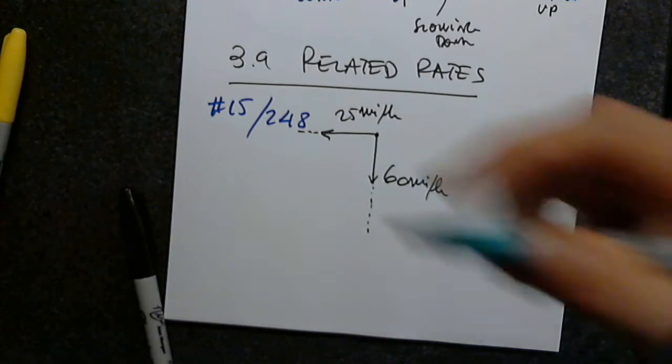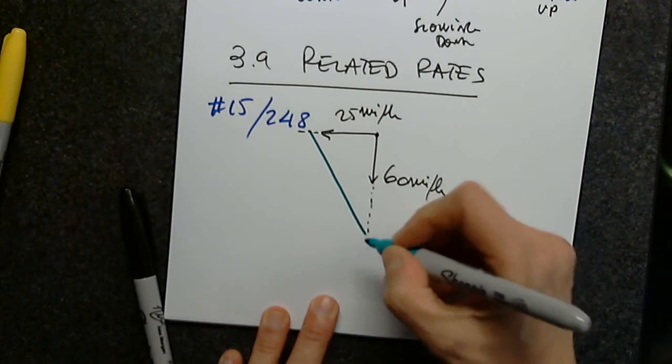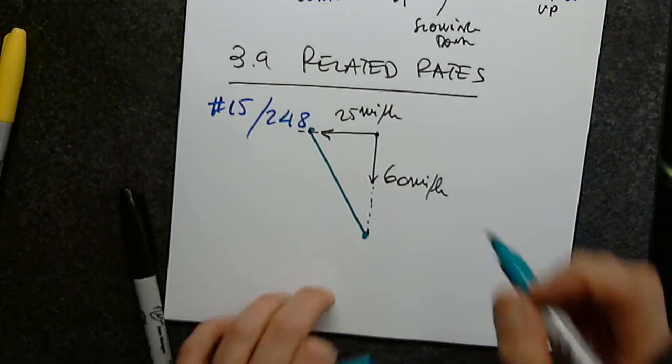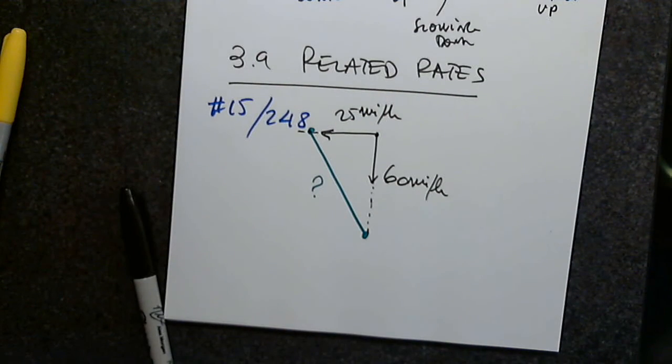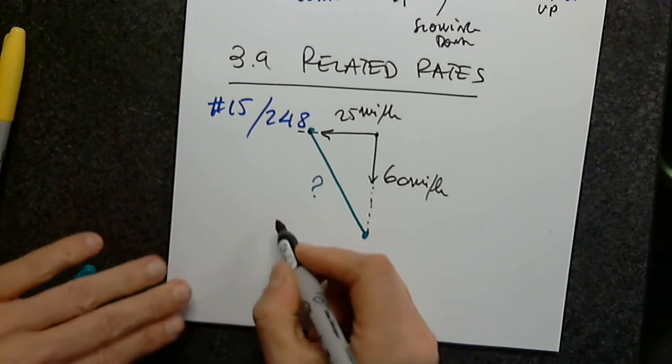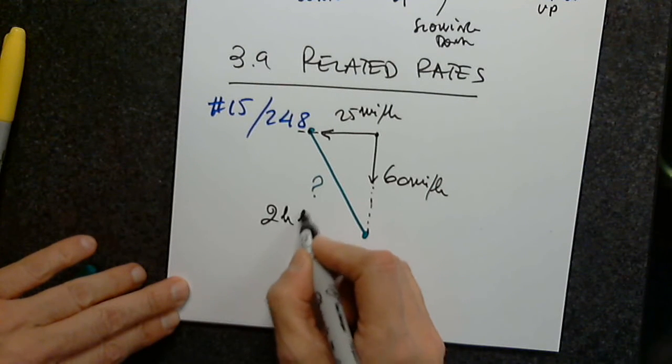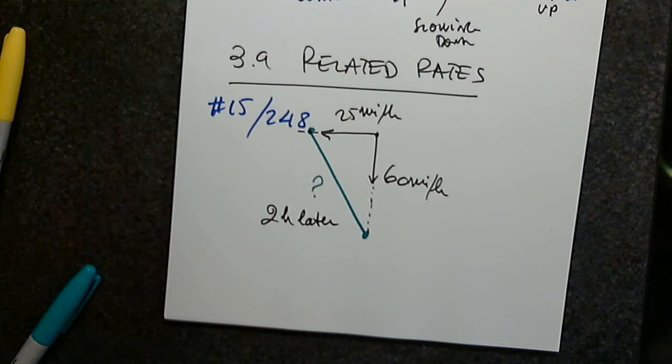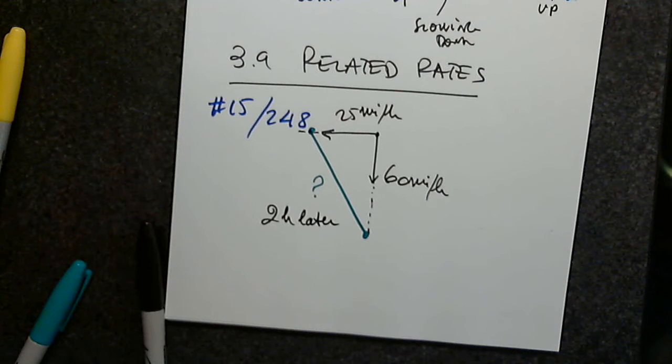So at some point in time, I want to measure or somehow determine how fast is this distance changing between the cars, increasing 2 hours later. 2 hours later. So basically it's asking the distance they're separating at 2 hours.